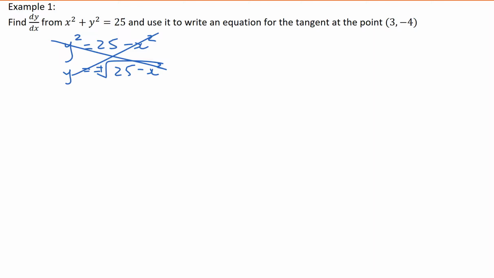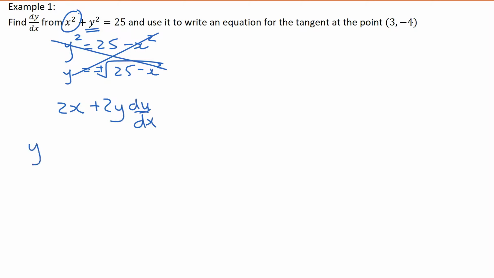What we do instead is differentiate it in parts. So what's the derivative of x squared with respect to x? 2x. What's the derivative of y squared with respect to x? That's the one we just had: 2y dy by dx. That's your composite rule.